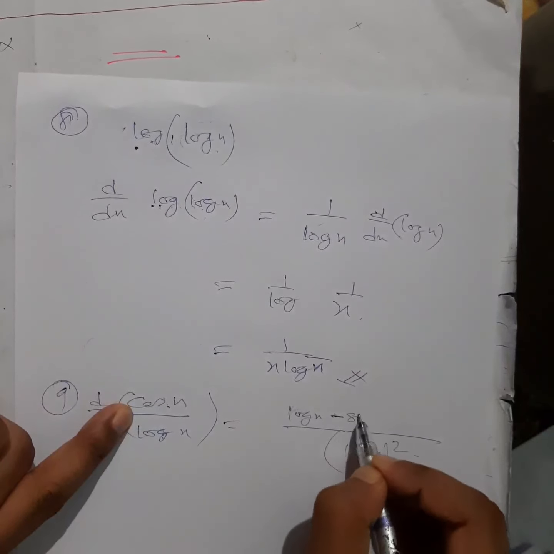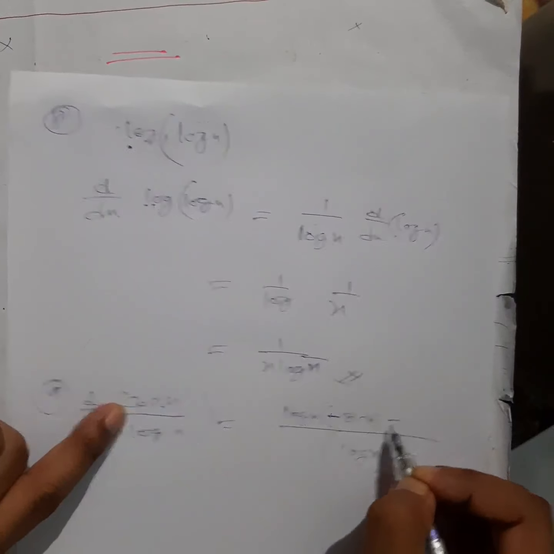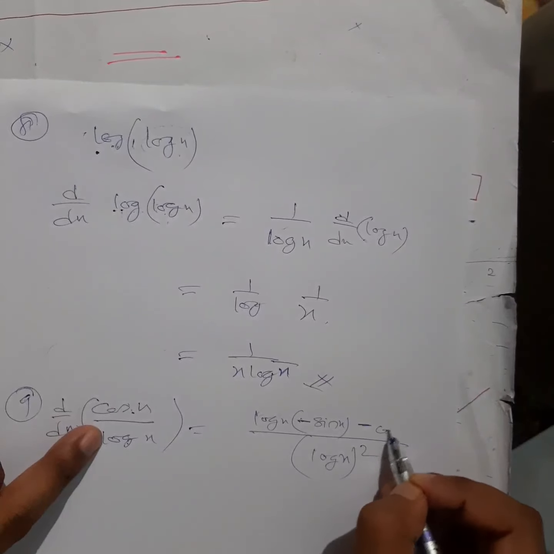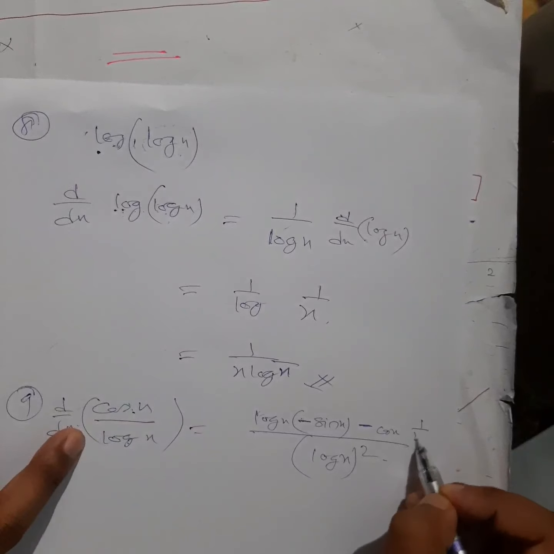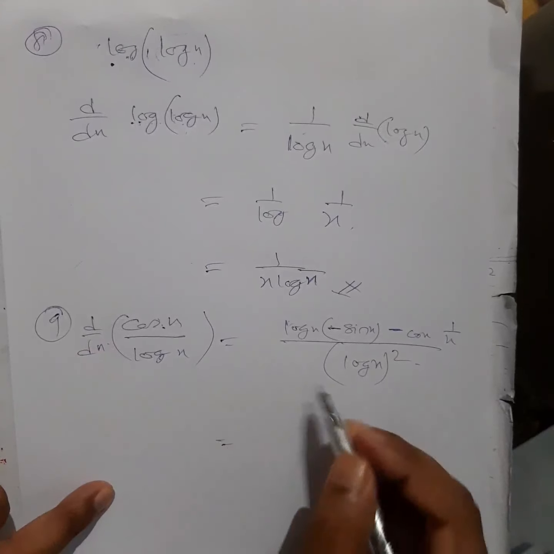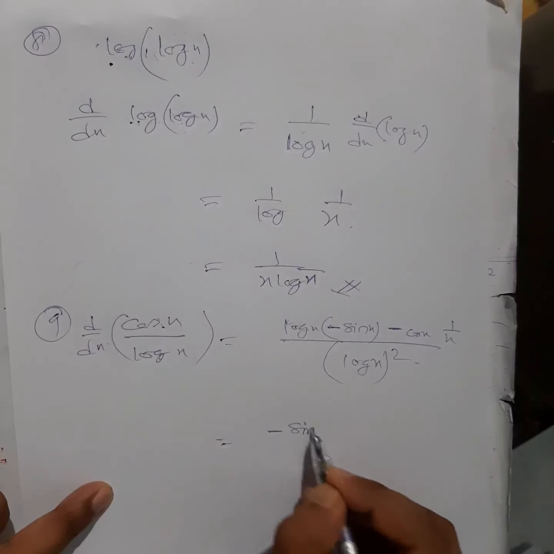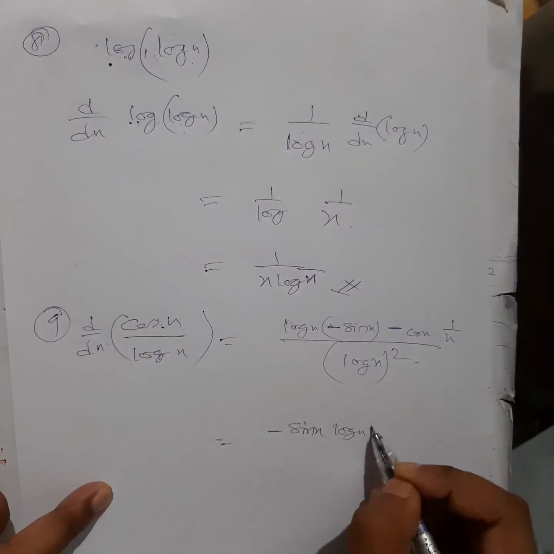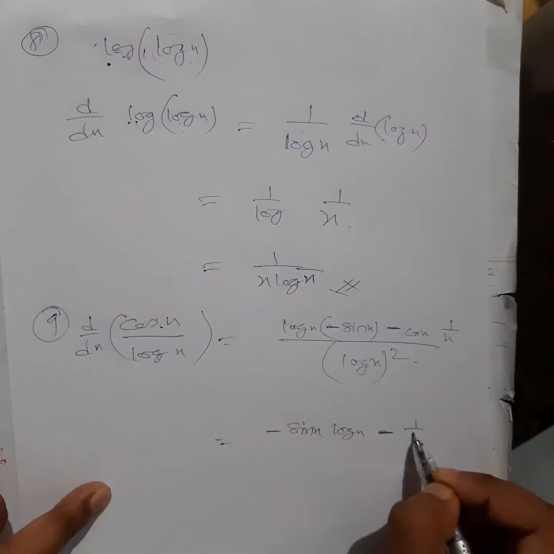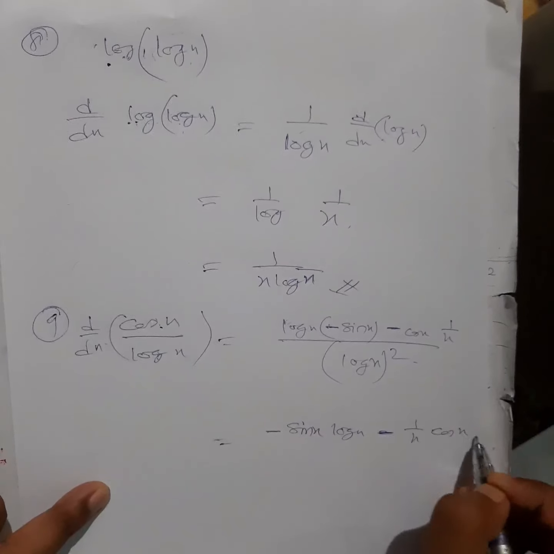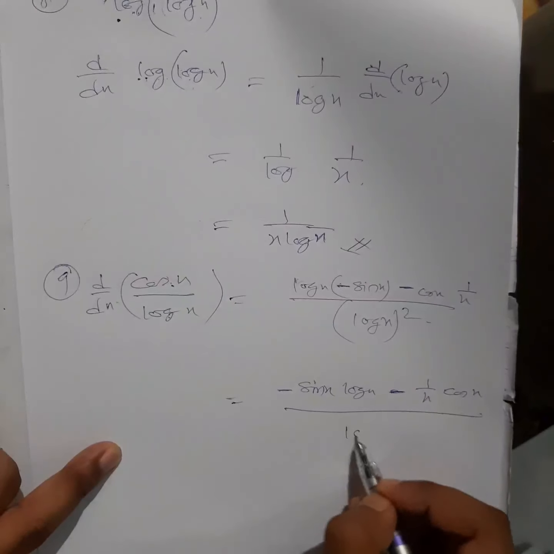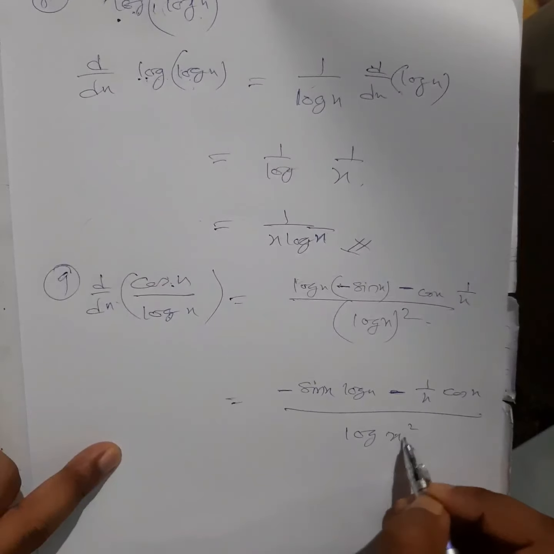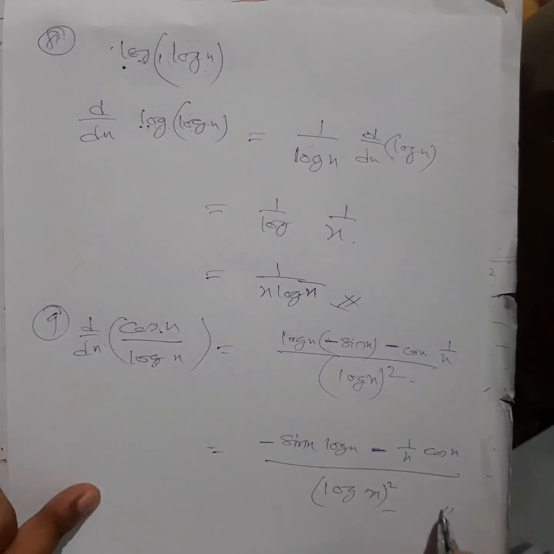Cos means minus sin x, minus cos x I will leave it as it is, log x I will differentiate, 1 by x. So what you will get, minus sin x log x minus 1 by x cos x by log x square. Okay, so this is your differentiation.